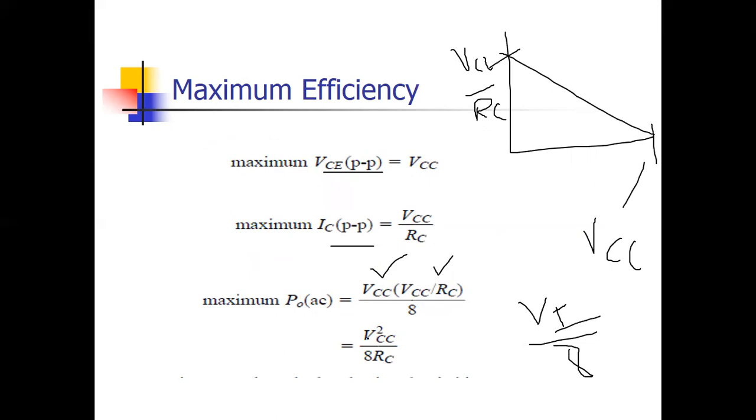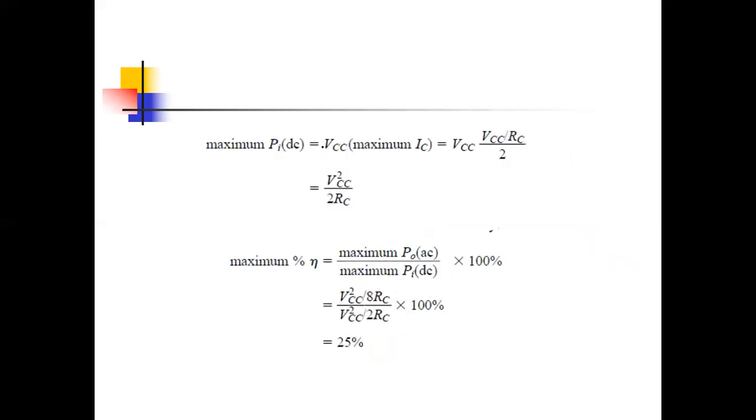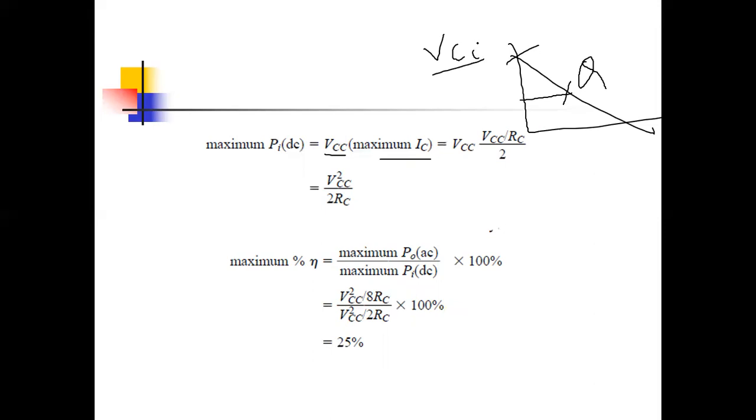Now for efficiency we have to check the DC power. The formula of DC power is VCC into ICQ. And if you remember, for class A power amplifier, Q is exactly at the middle. So if maximum current is VCC by RC, then what is the quiescent current?